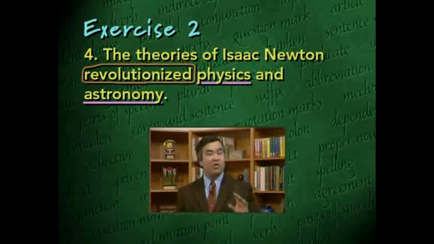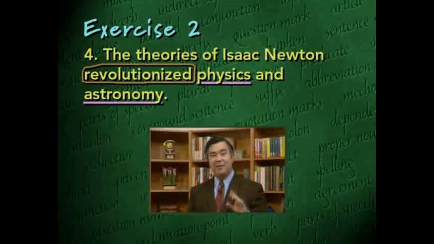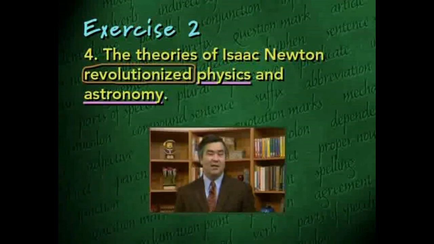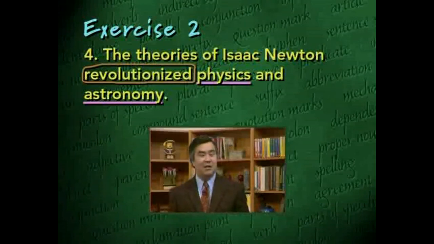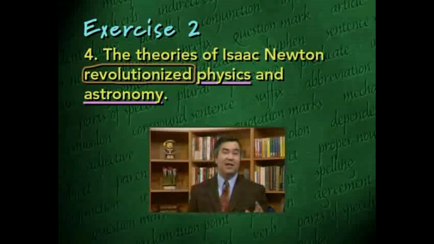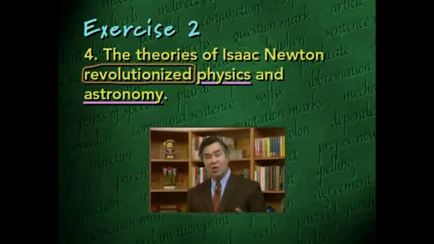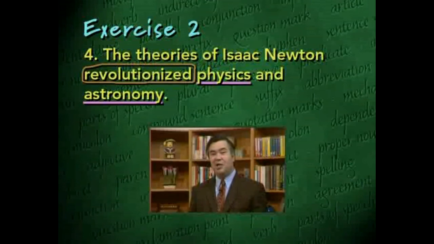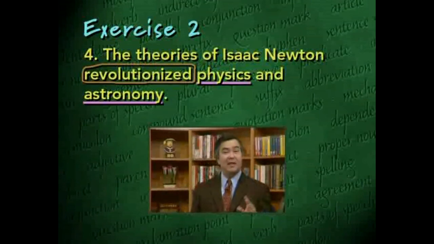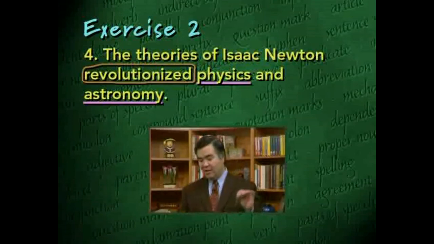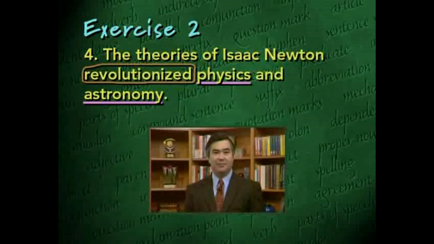So both of those words are part of the direct object of the verb revolutionized. So we have, in this sentence, a compound direct object. Remember, a direct object can include two or more things, joined usually by a coordinating conjunction, like and. So in this sentence, there are two direct objects joined by the word and, physics and astronomy.